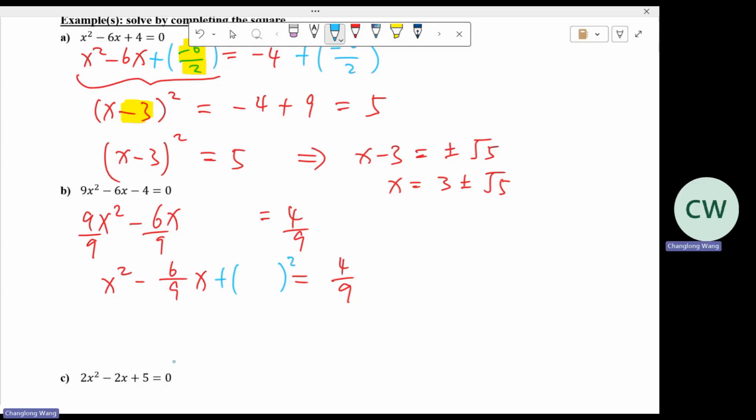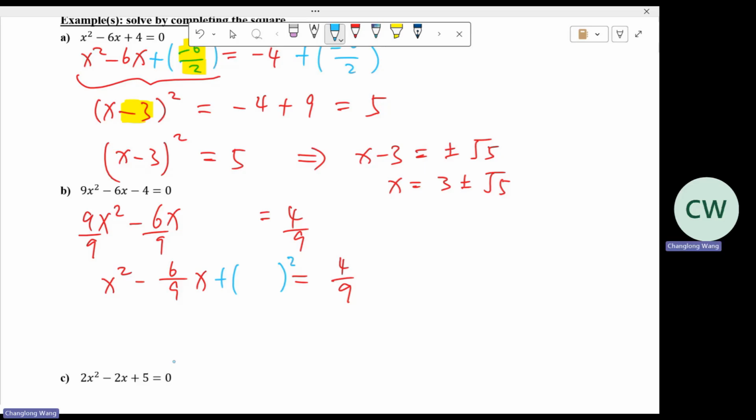But what is half of negative 6 over 9? You can either try that in a calculator or write it out, right? 1/2 times -6/9, -1/6, right? Oh wait, 1/3. This is 2/3, right? -1/3.